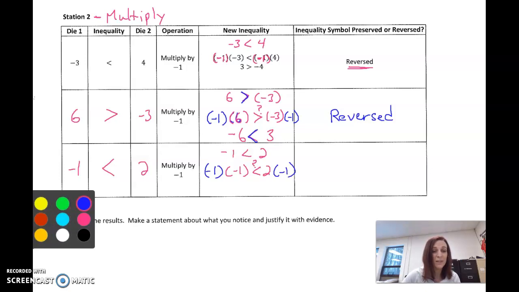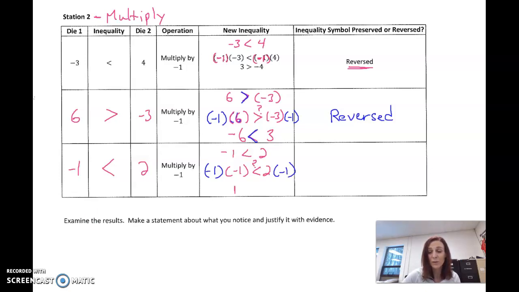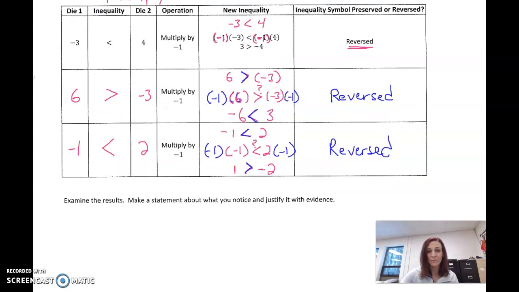All right, well, -1 times a -1, negative times a negative is a positive. 1 times 1 is 1. 2 times a -1, positive times a negative is a negative, so it's a -2. 1 is greater than -2. Positives are always bigger than negatives. Look at that. We went from less than to greater than. This also is reversed.